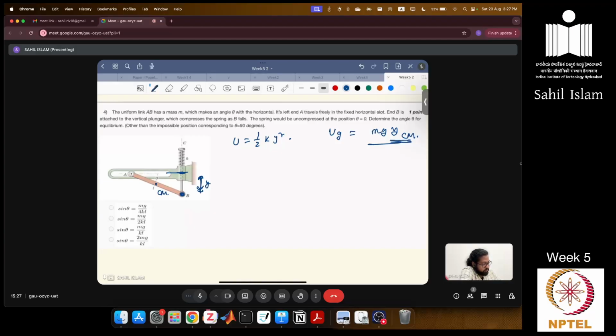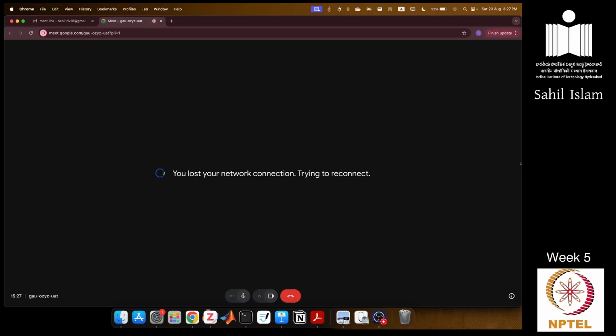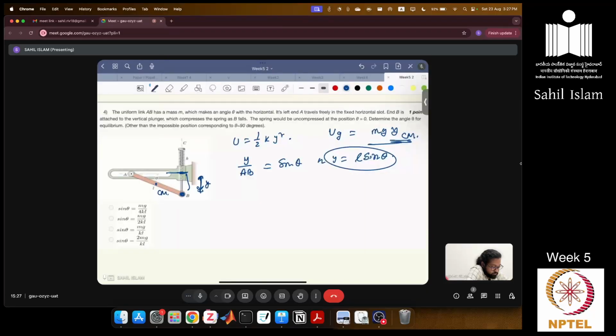So y equals L sin theta because AB equals L. Okay, so y becomes L sin theta.